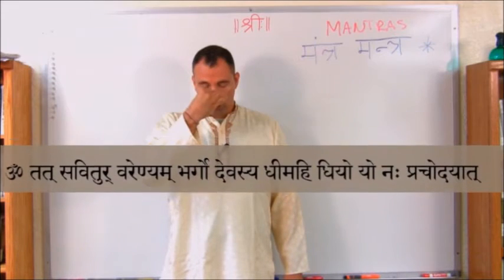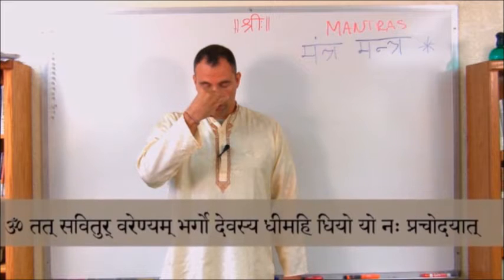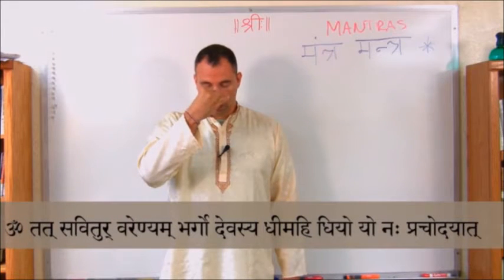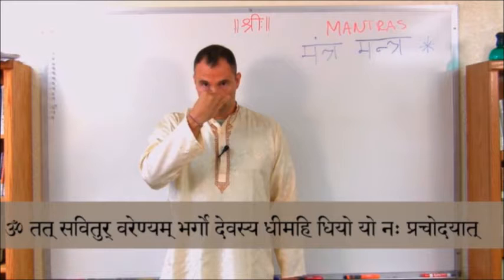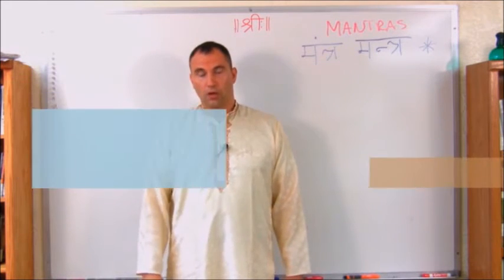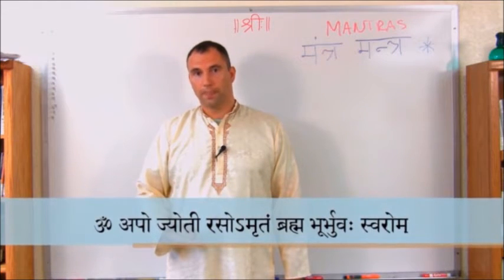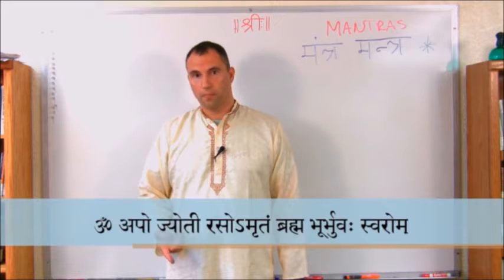Then as you hold, you're going to say, Om Tat Savitur Varenyam Bhargo Devasya Dhimahi Dhiyo Yonah Prachodayat, but inside while you hold. Then exhaling, you're going to say the last part of the mantra. Om Apo Jyotirasya Brahma Bhurbhuvaha Suvarom.